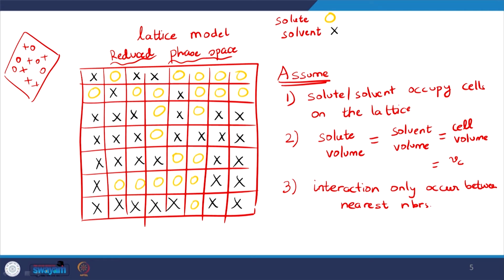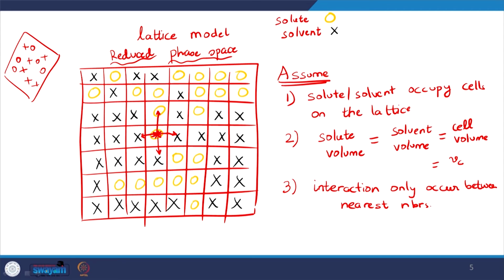What this means here is, let us say if I want to focus on one of the solute molecules, let us say this guy, this can only interact with its 4 nearest neighbors that it finds, right, on the top, on the bottom, on the left, on the right.